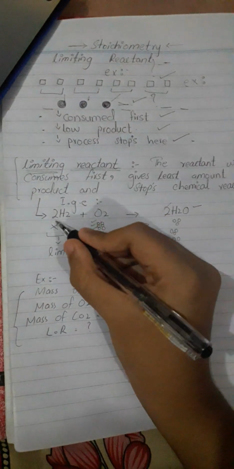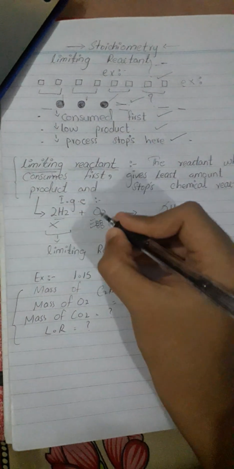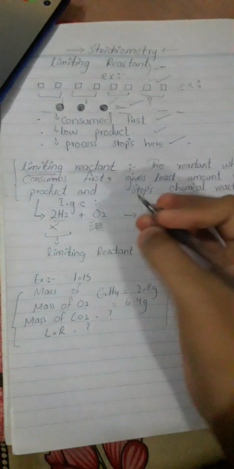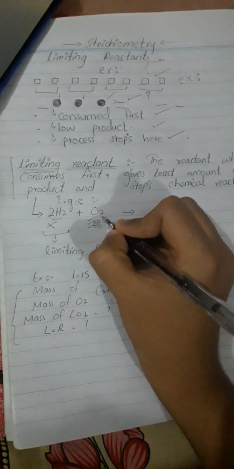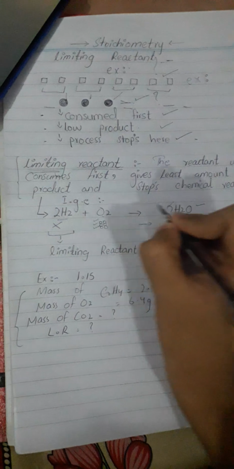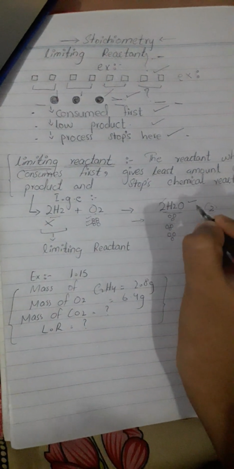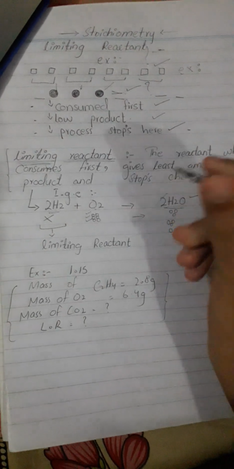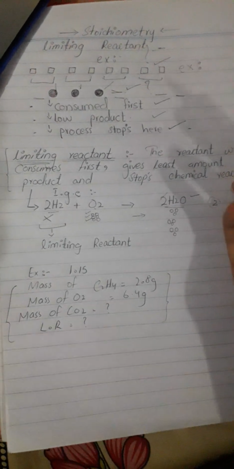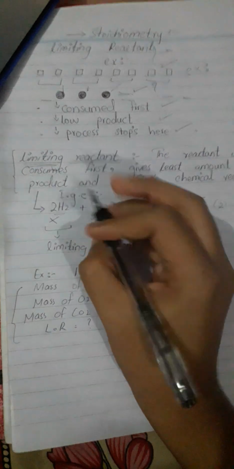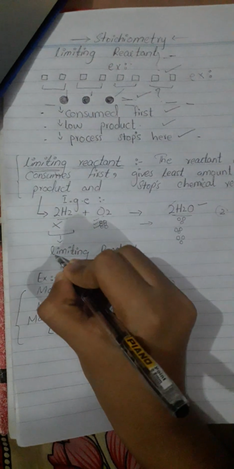Right here we have 2 hydrogens that are being completely utilized. Meanwhile, only one O2 is being utilized at the end, not the two ones, not their exponents. So the thing that was consumed first is 2H2, hydrogen. So this is our limiting reactant.